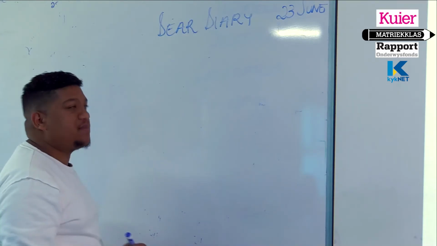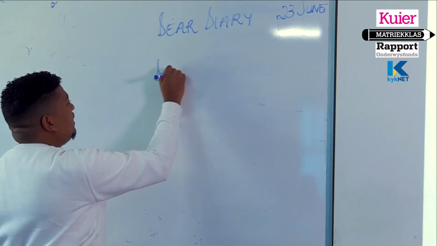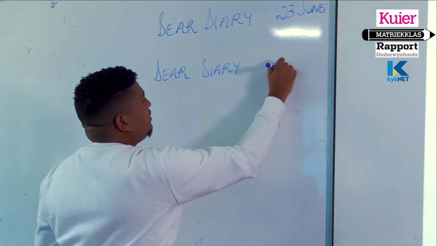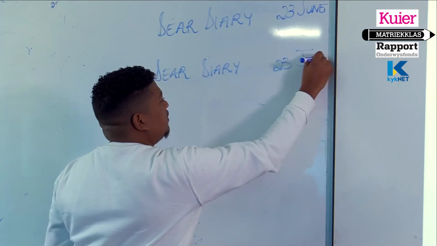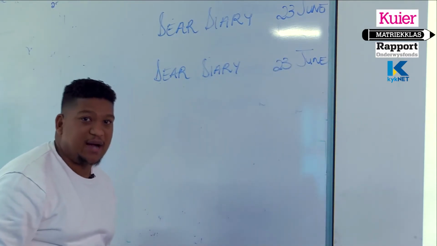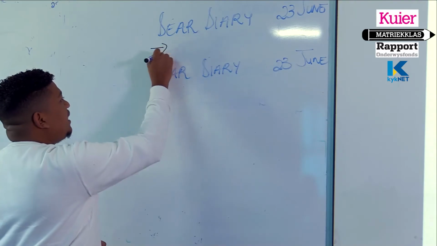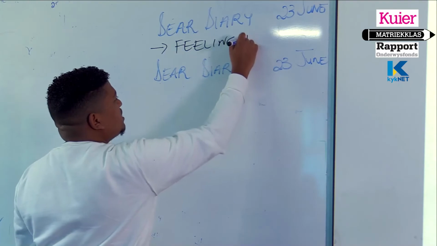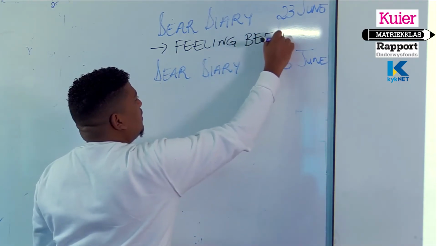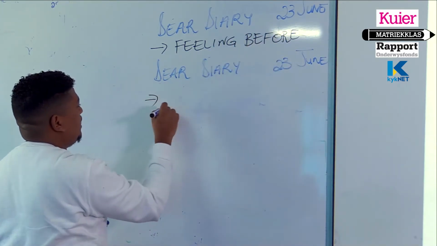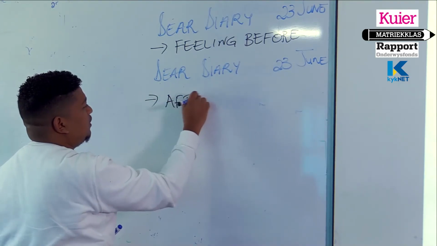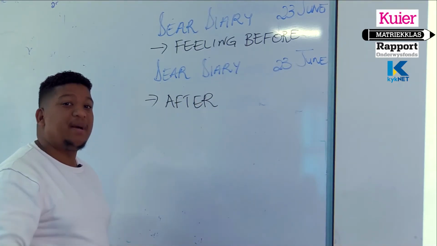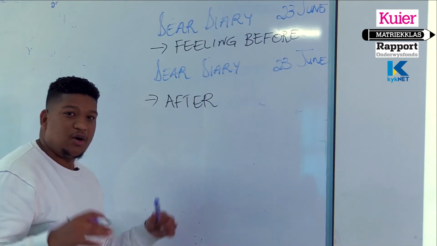Then on the same day, I could also indicate dear diary, 23 June. And those feelings that I've written down now would be an indication there for feeling before, because this is before the principal came. And then obviously this would be after.